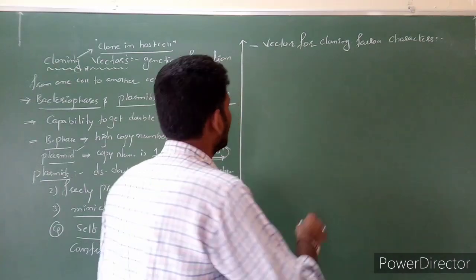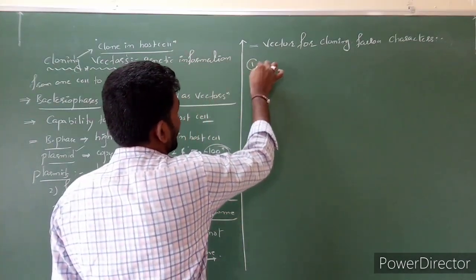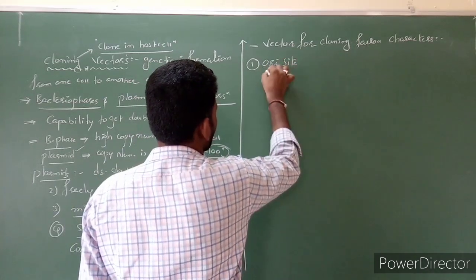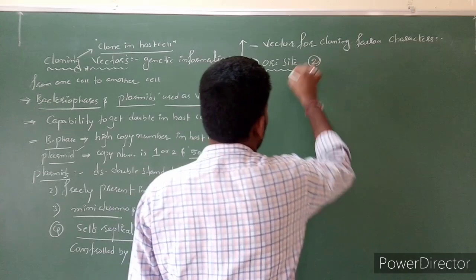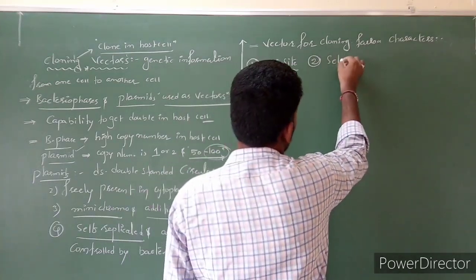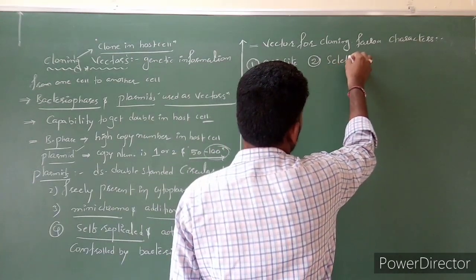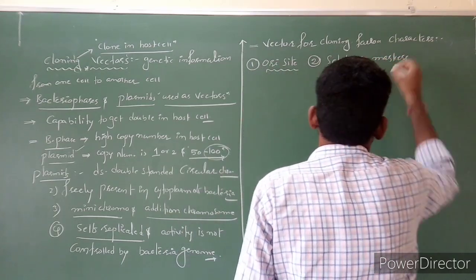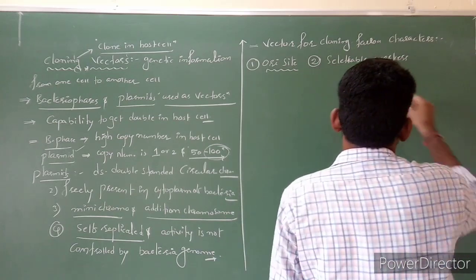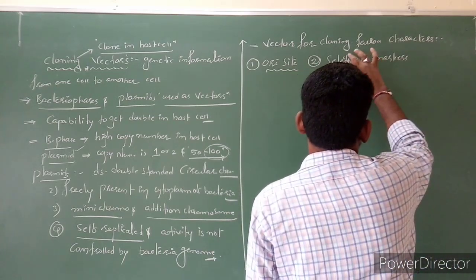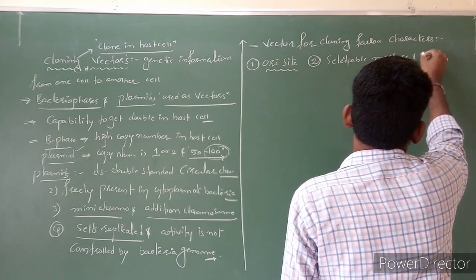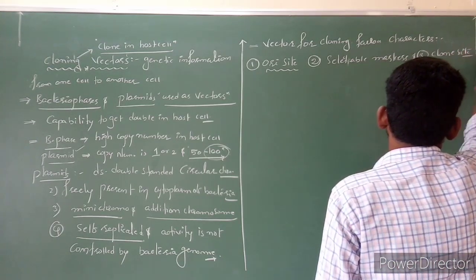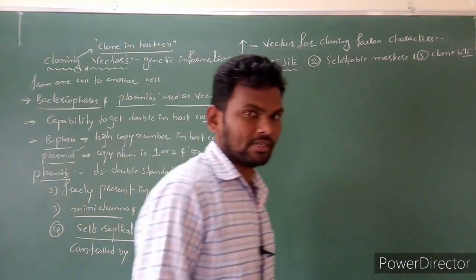Let's write. The following characters are: first, the ORI site should be present. Second is selectable markers. And third is the cloning site. This should be present.